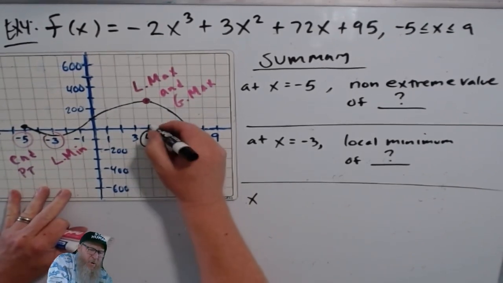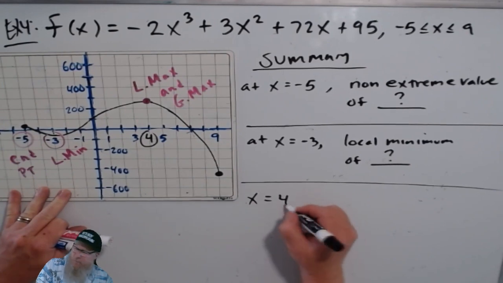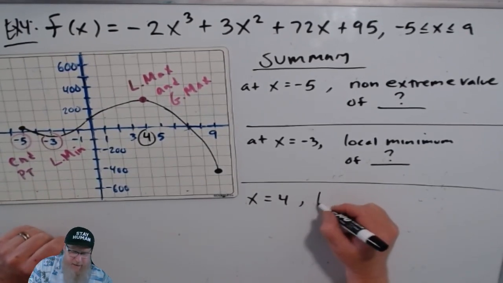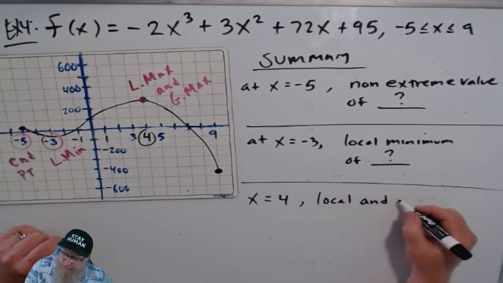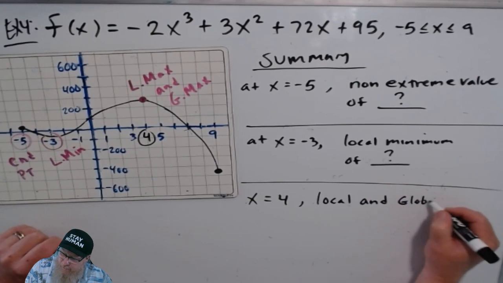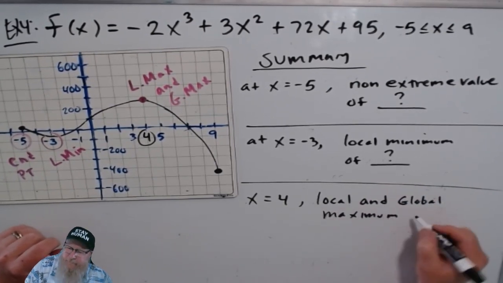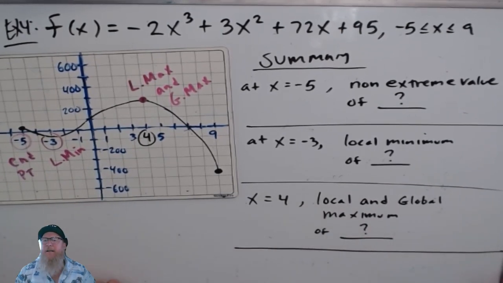That looks like 4, for being very careful with the grid there. X equals 4, we have a local and global maximum. Again, I don't know what that is yet. I'd have to calculate it.